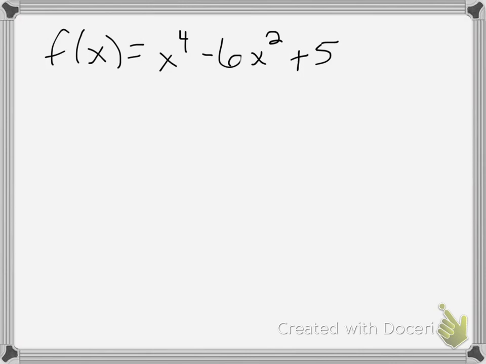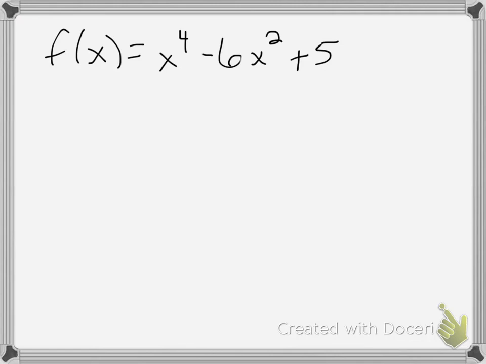So the first example I'm going to do with you is f of x equals x to the 4th minus 6x squared plus 5. I'm just going to start building all this stuff that it wants. First, I'm just going to state the total number of zeros that the polynomial has. If you remember, that's our fundamental theorem of algebra.